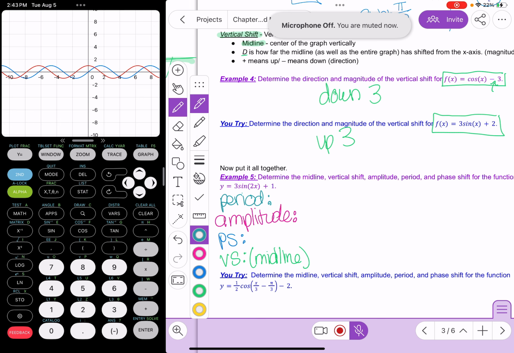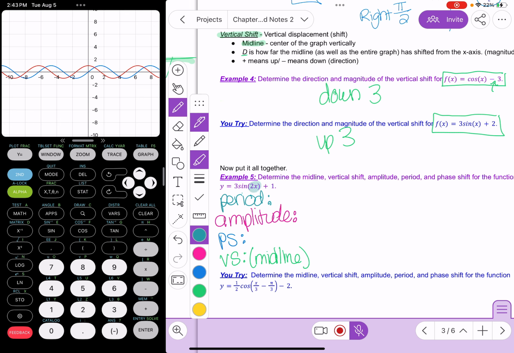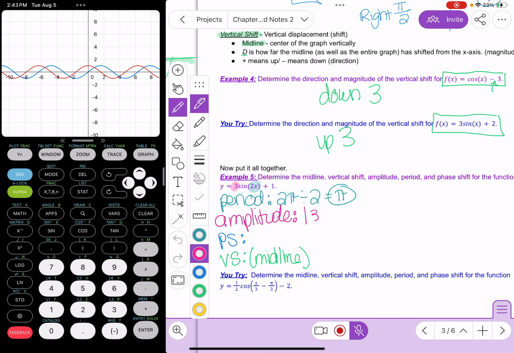Period is 2 pi divided by whatever's in front of the x. So 2 pi divided by 2 is pi. Amplitude is the absolute value of whatever's in front of the sine. So the absolute value is 3.